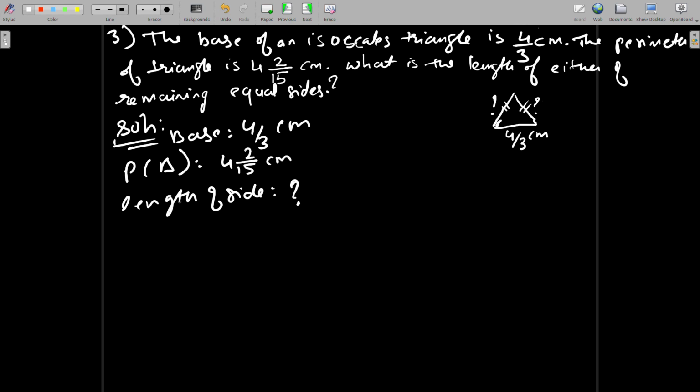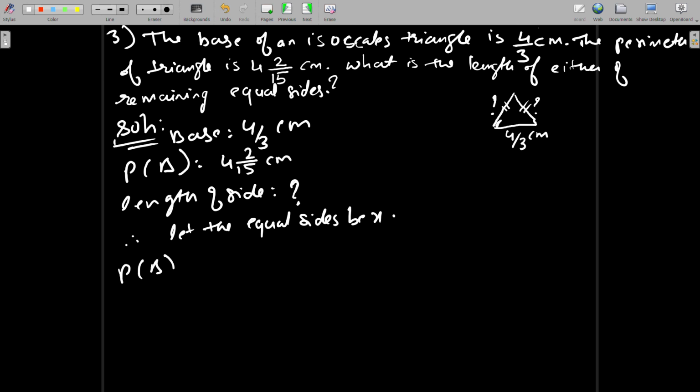What is the length that we need to find? What is the length of this side? Do we know? We don't know, right? Then we will say, let the equal sides be x. Now, if we are denoting the equal sides to be x, what is the perimeter of the triangle?